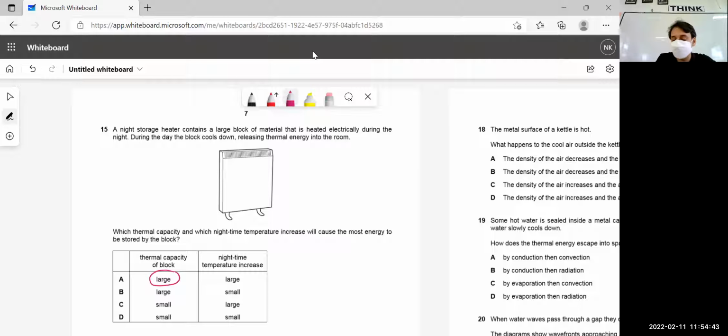It should absorb more and more heat so that it can release the heat during the daytime. And when it is absorbing more heat, the night temperature increase will also be large. So question number 15 answer is A.